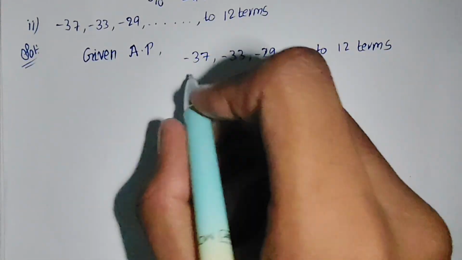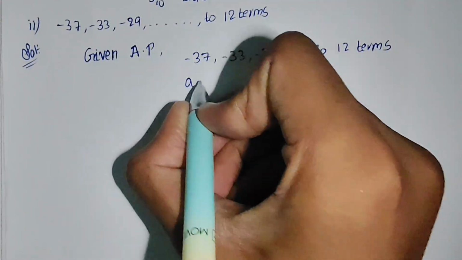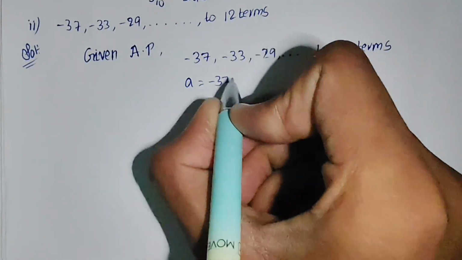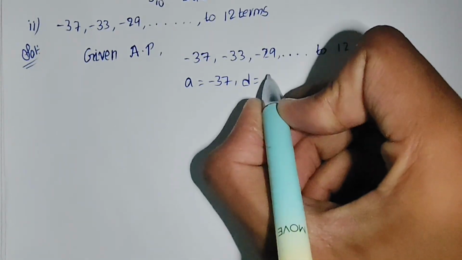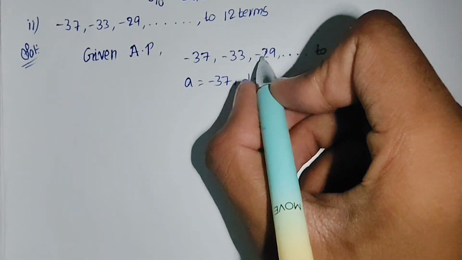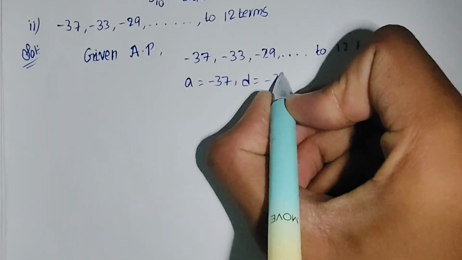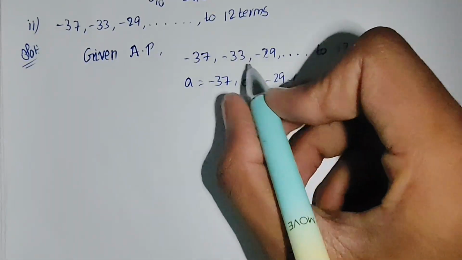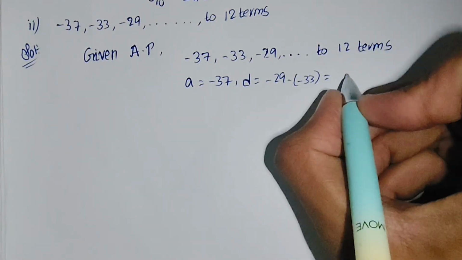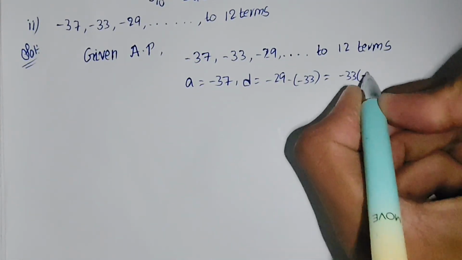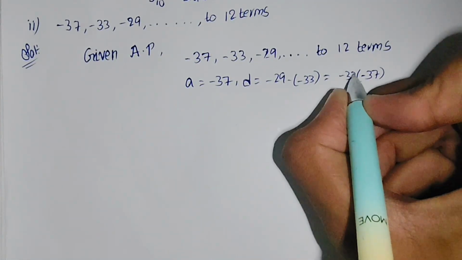By using this given AP, I am taking the value of a equal to minus 37, the first term. Then the value of d is equal to a3 minus a2, where a3 is minus 29 minus a2, which is minus 33, equal to minus 33 minus of minus 37.